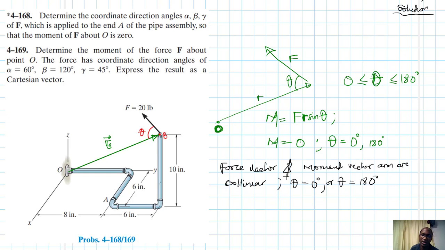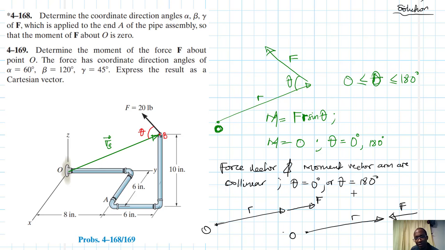So if the force vector and the moment arm are collinear, then you expect the moment to be equal to 0 at point O. By collinear we mean the moment arm and the force vector are parallel, in the same line. You can have this one case, or you can have the moment arm and the force vector like so. Both these two cases will produce 0 moment about point O.